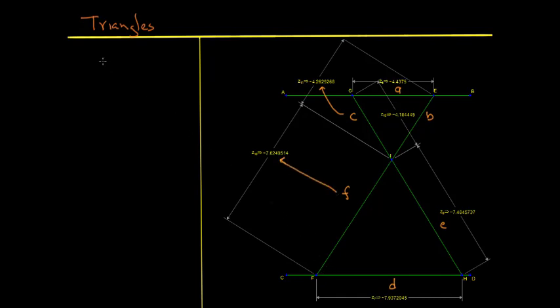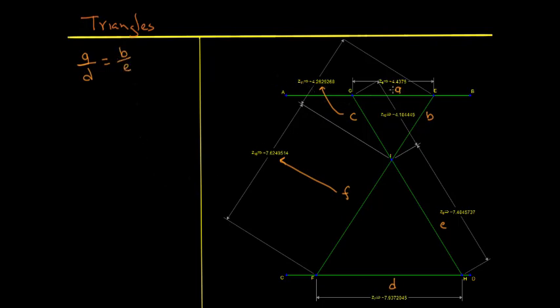So what I was saying before is when you have two triangles that are similar, if we know side A and we know side D, so we can find the ratio there, that has to be the same ratio as B to E. And we can prove that.